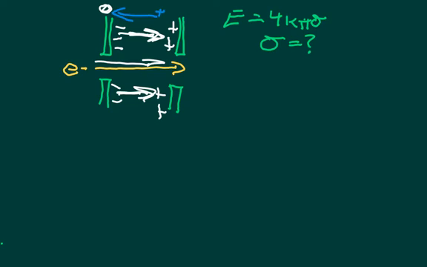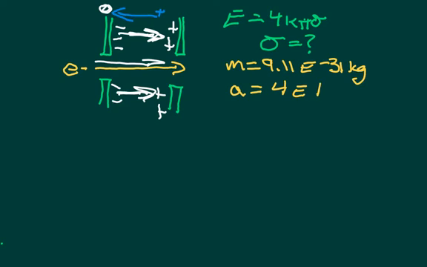The electron, we know, has mass. That mass is 9.11 times 10 to the negative 31st kilograms. So it has very, very small mass. And in this case, it has a very large acceleration, 4 times 10 to the 13th meters per second squared, because it's only going to cover a small space, say about 5 centimeters between these two plates here.